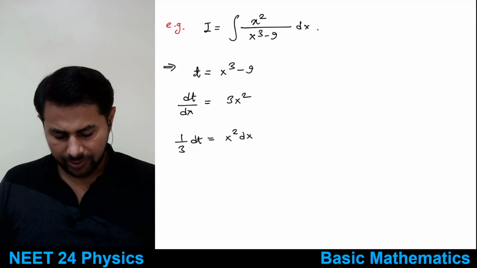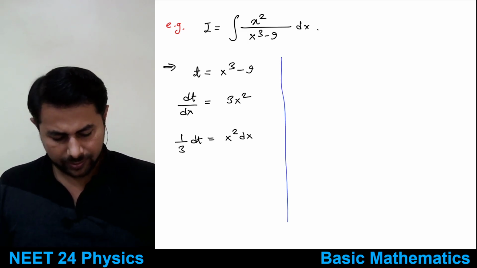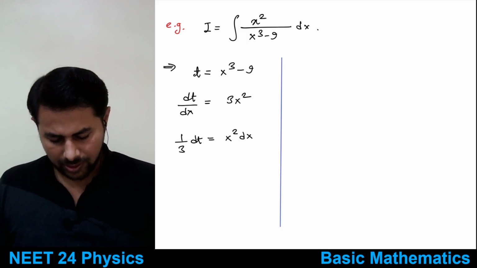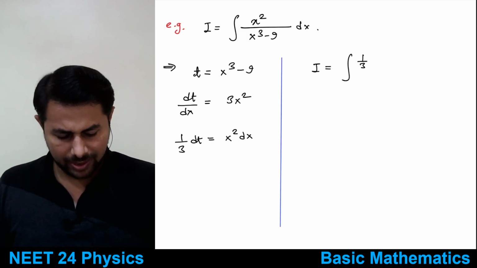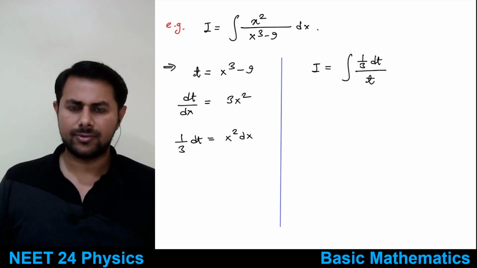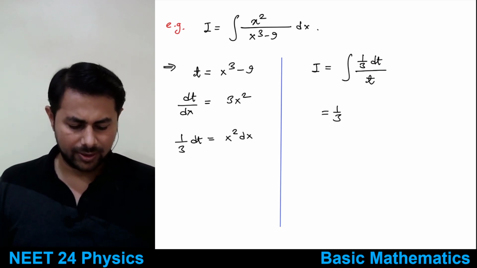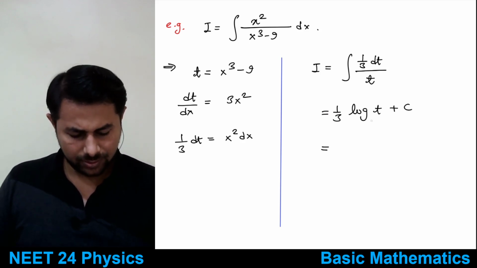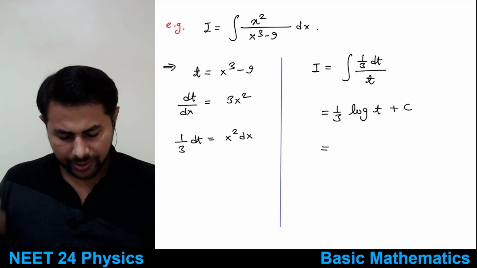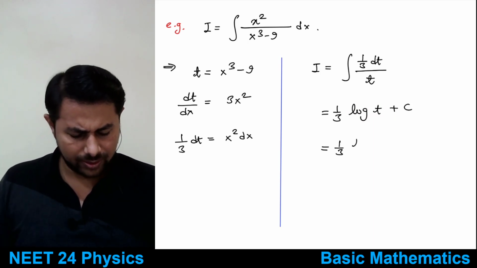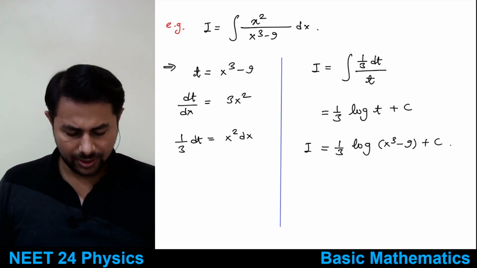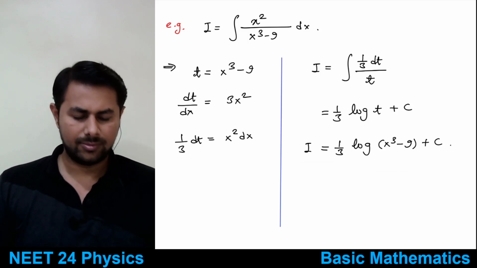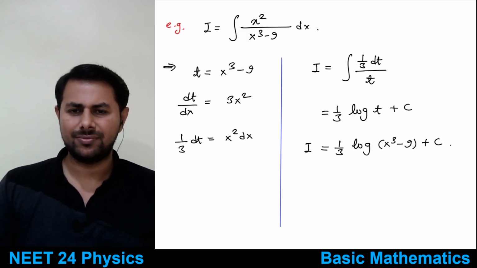Therefore your integral will become I is equal to integral of 1 by 3 dt by t. 1 by 3 you can move outside, it's 1/3 of log of t plus c, and that is equal to, what? t is equal to x cube minus 9, so therefore it is 1/3 of log of x cube minus 9 plus c. This is the integral, right? This thing is clear, everyone?